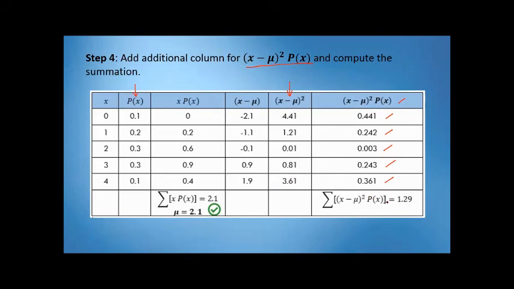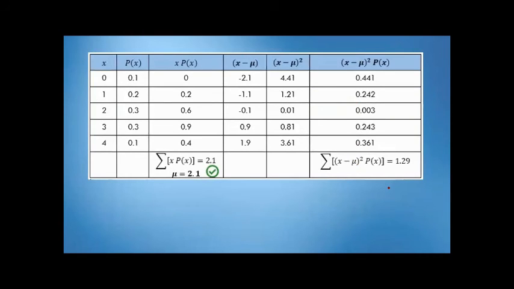This summation is also our variance. Now we're complete with our columns and values. We have mu and we have the variance, sigma squared, so we can also compute sigma, the standard deviation.